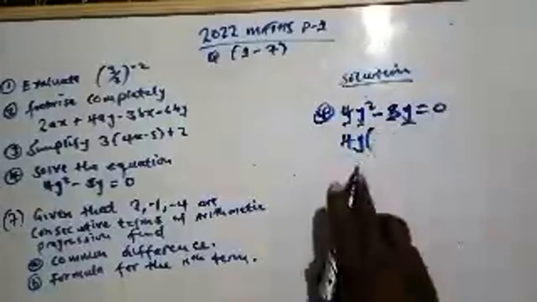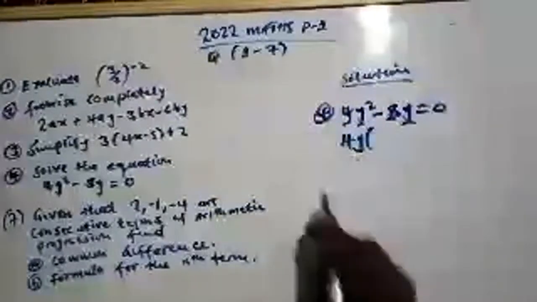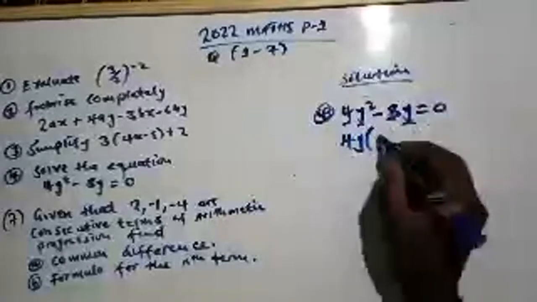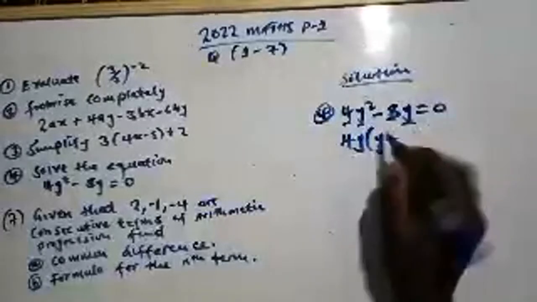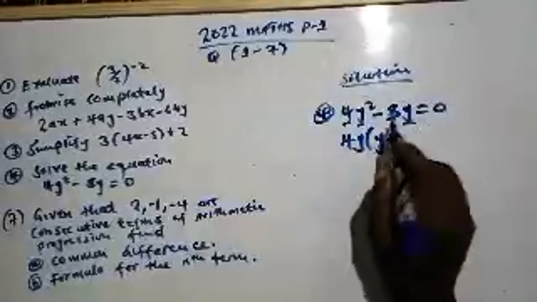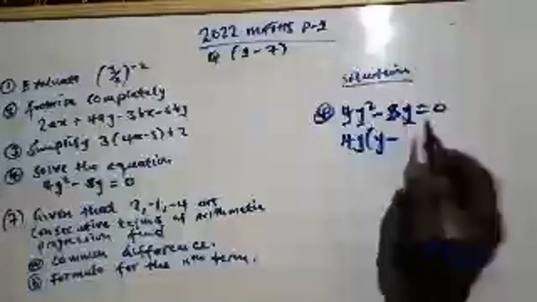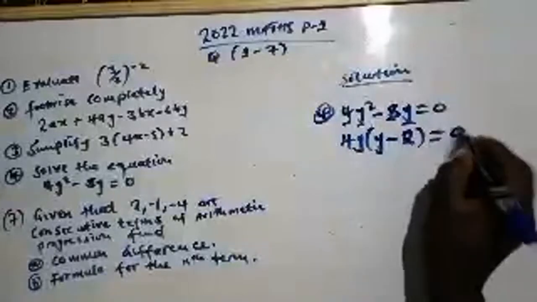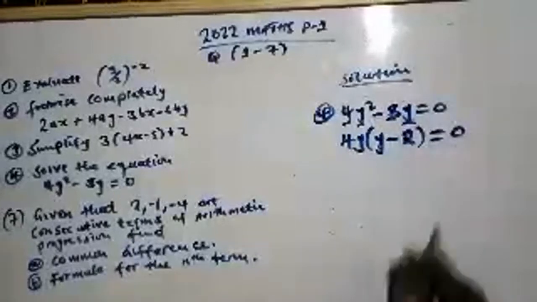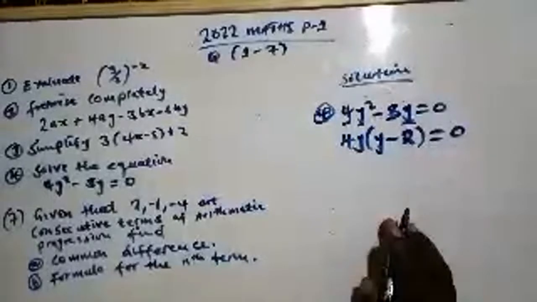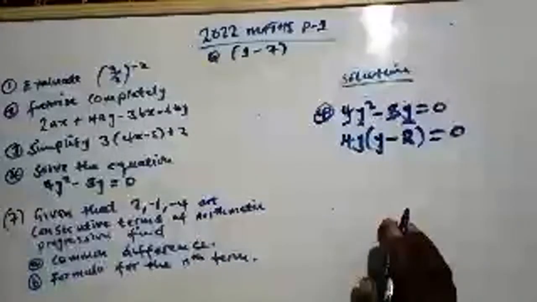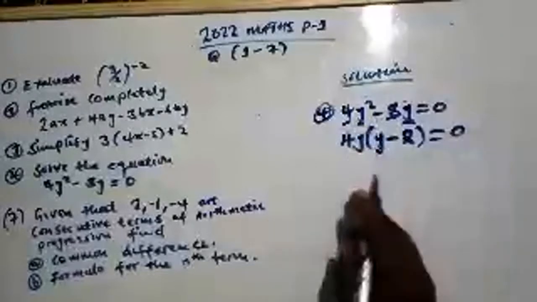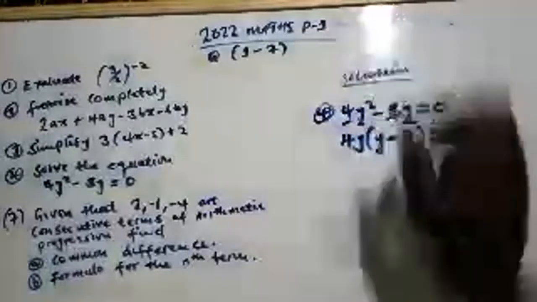Then inside, what you are going to have, 4y into 4y squared, you are going to remain with y, minus 4y into 8y, you are going to remain with the 2, okay, which is equals to 0. Now, this is where most of you make a mistake. Here, you have to equate each factor to be equals to 0, okay?